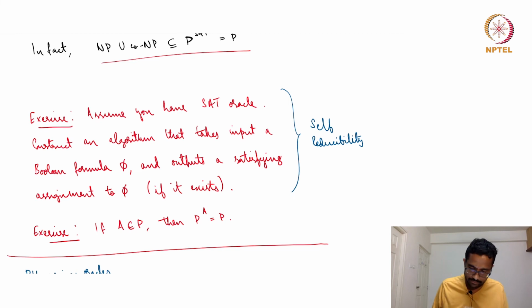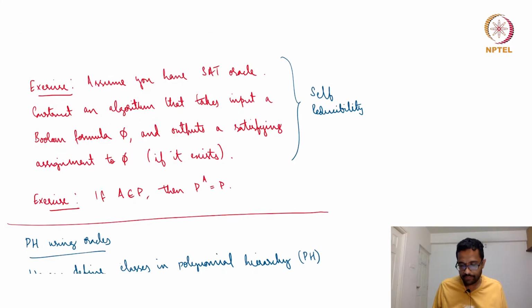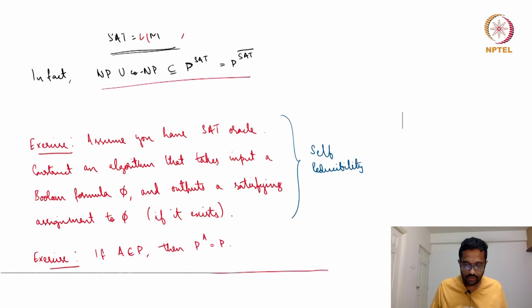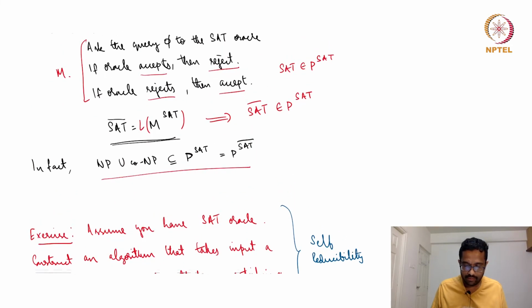Next exercise is to show that if A is in P, then the class P with access to an A oracle is P itself. So we saw that P with NP is contained in P with access to a SAT oracle.